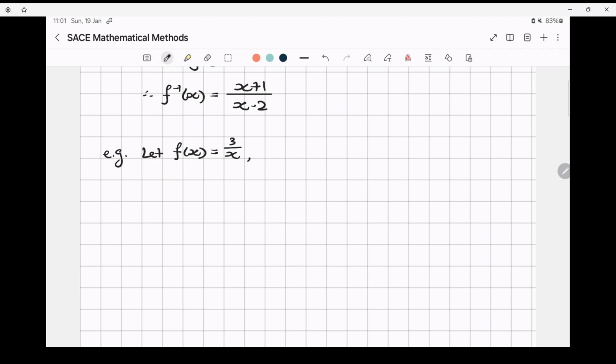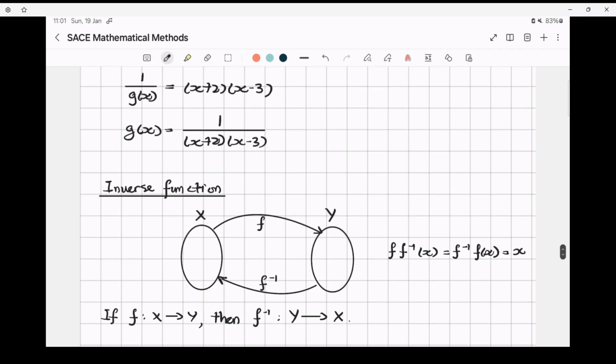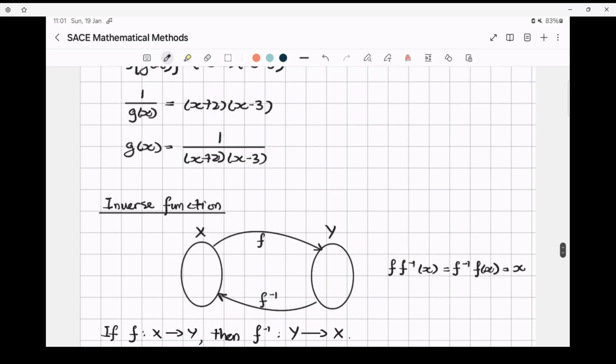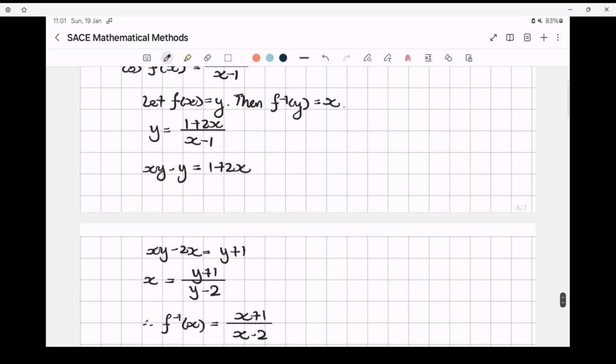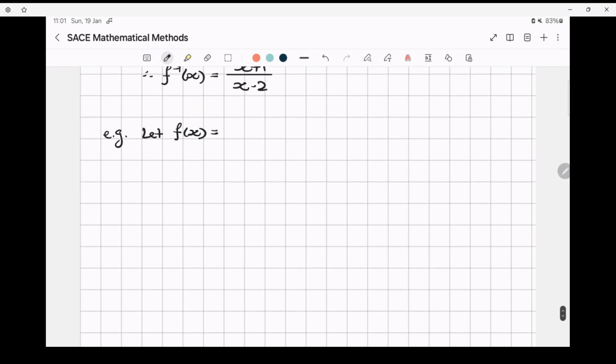Wait, where is that? Okay, perhaps let's do this. So f(x) is 2x minus 1, and g of f is 3(2x minus 1) squared. So find g(x).